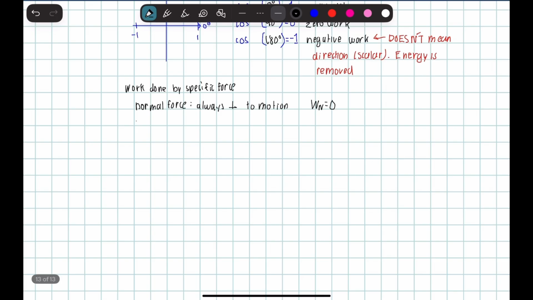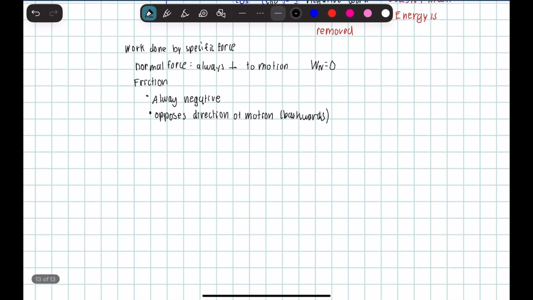And now we have friction. Friction is always going to do negative work, because friction always opposes the direction of motion. Whatever is moving forward, friction is going in the opposite direction, making it go back.